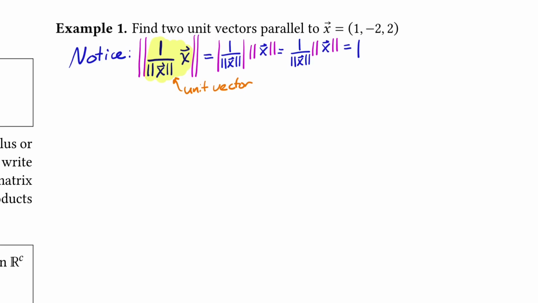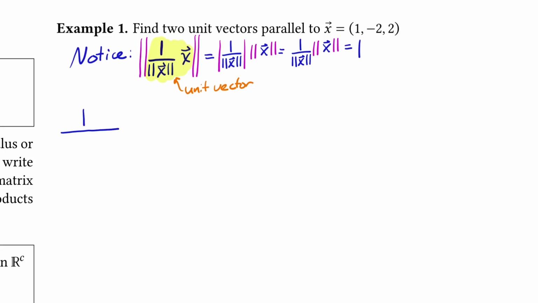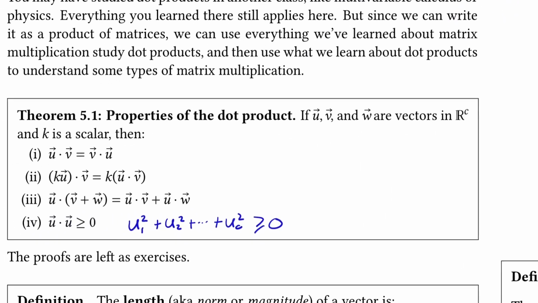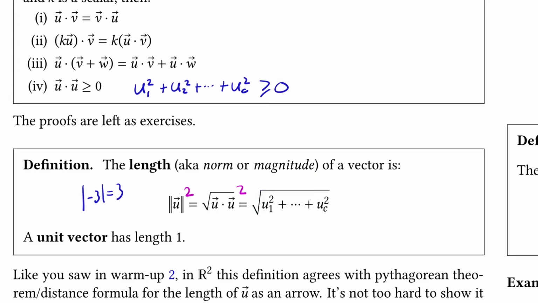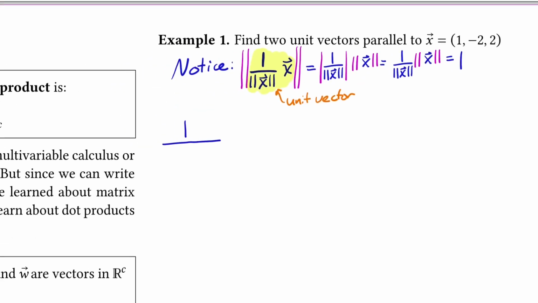Okay, so we can find one unit vector parallel to x by doing 1 divided by the length of x, which, using the definition, is the square root of 1 squared plus negative 2 squared plus 2 squared. That's 1 over the length of x, times the vector x.